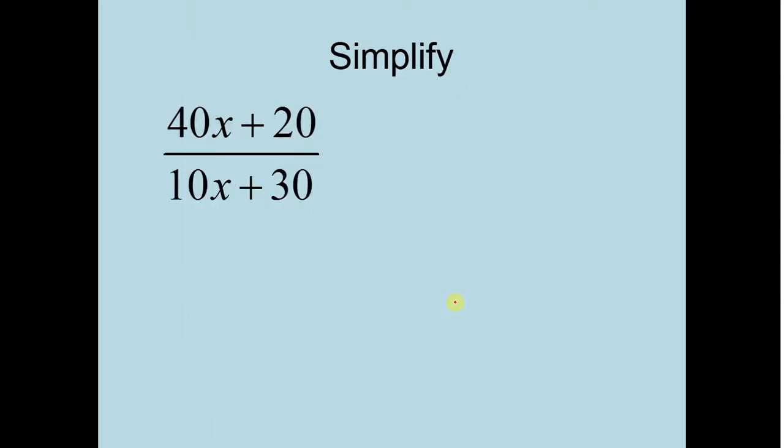Let's simplify. So I have 40x plus 20 over 10x plus 30. First things first. Factor, factor, factor. I notice I have a 20 at the top I can take out, right? So I would have left over 2x plus 1. A GCF of 10 on the bottom, it looks like. x plus 3. Now, notice, 20 over 10, I can simplify that down.